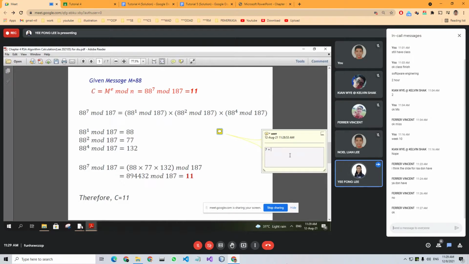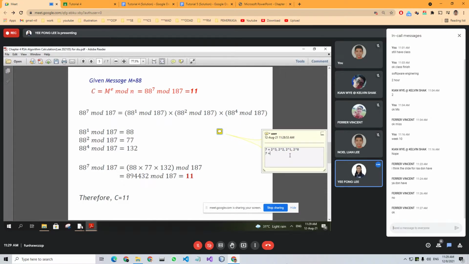We have 2 power of 0, 2 power of 1, 2 power of 2.